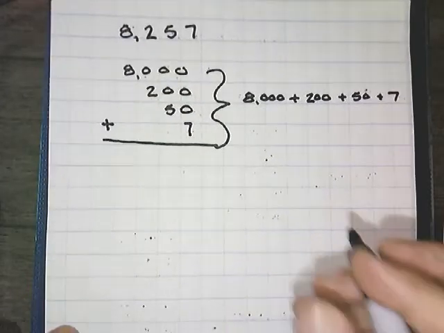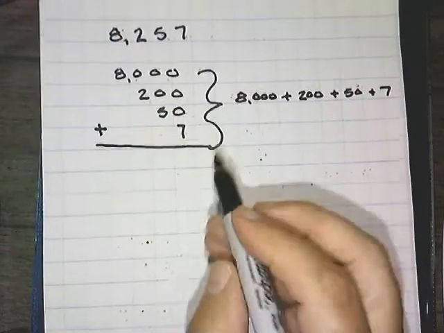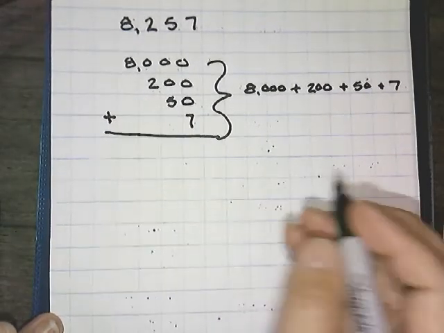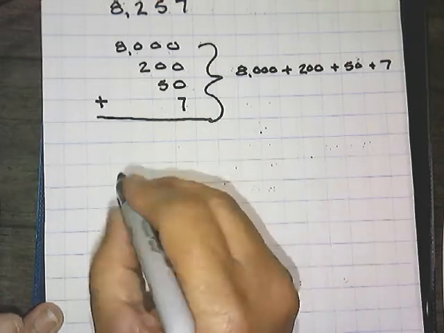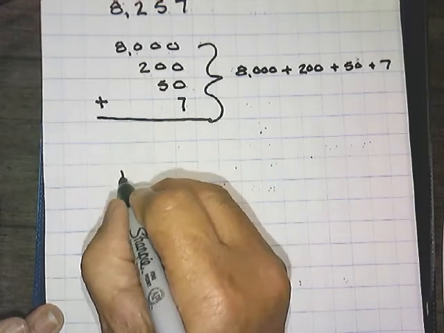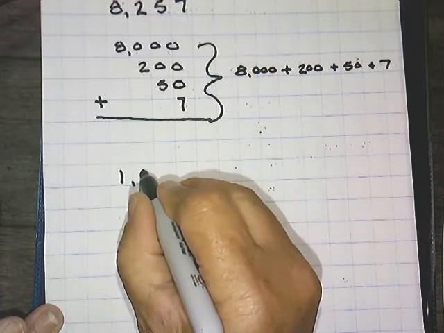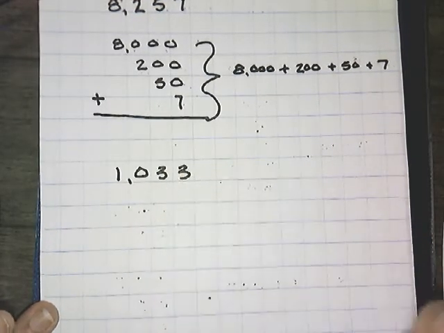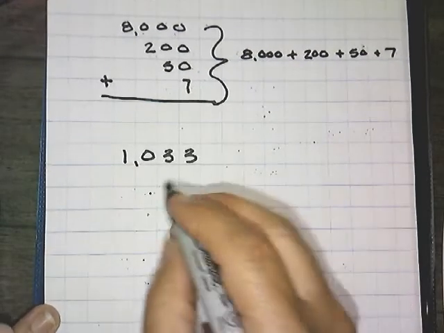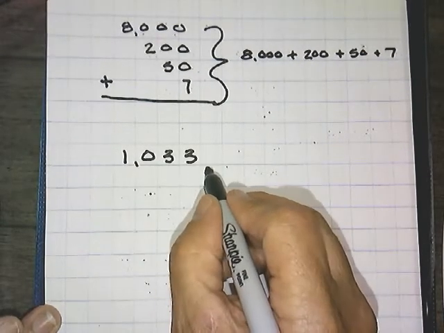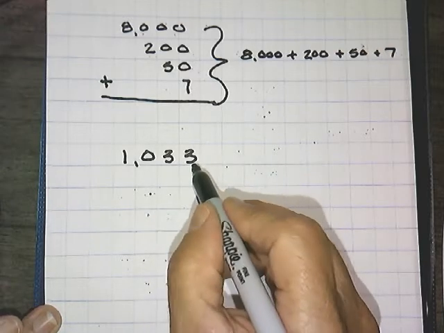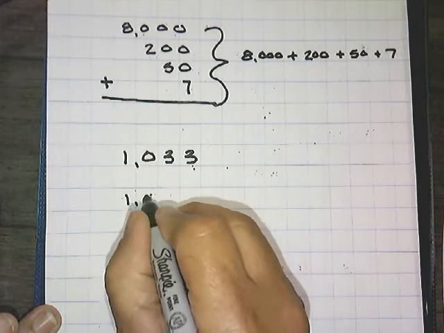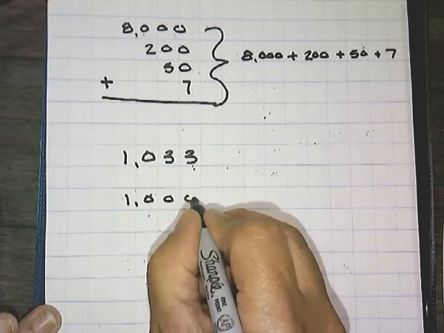Now let me show you an example that's a little bit trickier. It's not completely uncommon to have a problem that will have a 0 in one of the place values. So for keeping it short, I'm going to go with another 4-digit number. Let's go with 1,033. I'm going to put a 0 in the hundreds this time. Well, it's the same principle. 1033 is the standard form, right? But I want to make that into expanded form, and that would be 1,000.